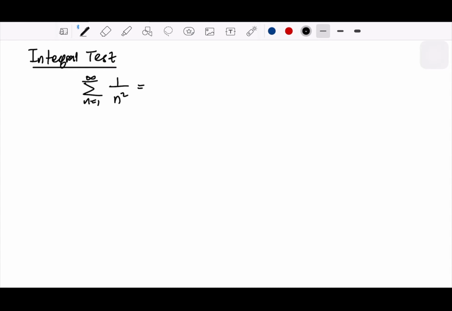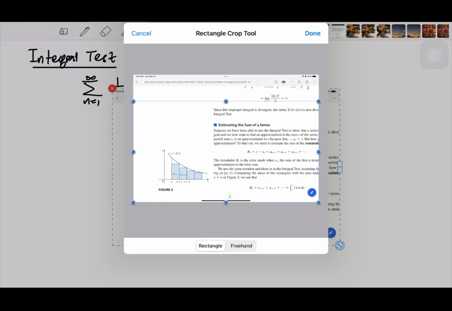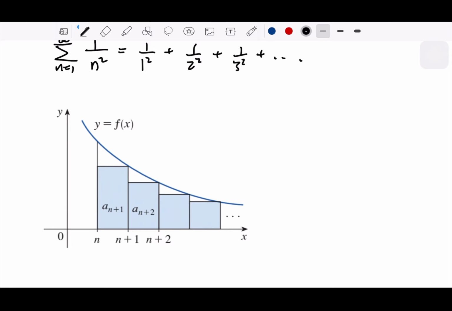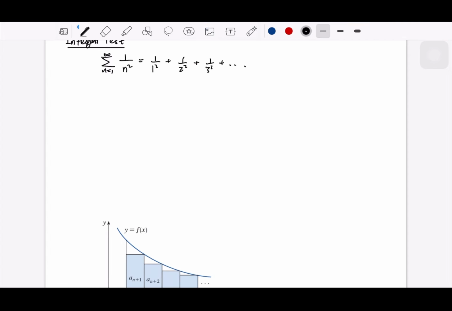If we are expanding this series starting from n equal 1, we are going to draw the illustration. Let me draw the illustration for a while.